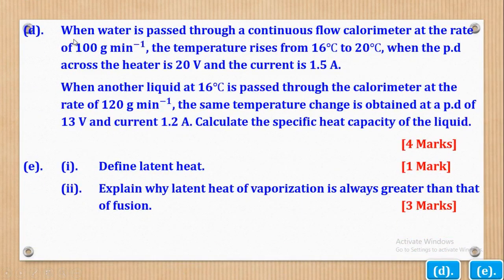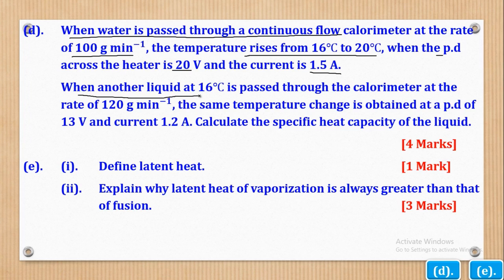Part D says when water is passed through a continuous flow calorimeter at a rate of 100 grams per minute, notice what it is, per minute, the temperature rises from 16 to 20 degrees Celsius when the PD across the heater is 20 volts and the current is 1.5 amperes.